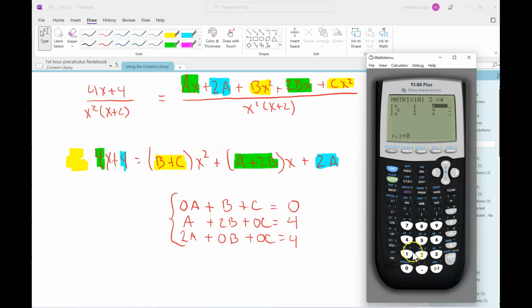This is a pretty easy system to solve by hand if you so desire, but I'm just going to do these with my calculator because we're probably all a bit more comfortable doing it that way.